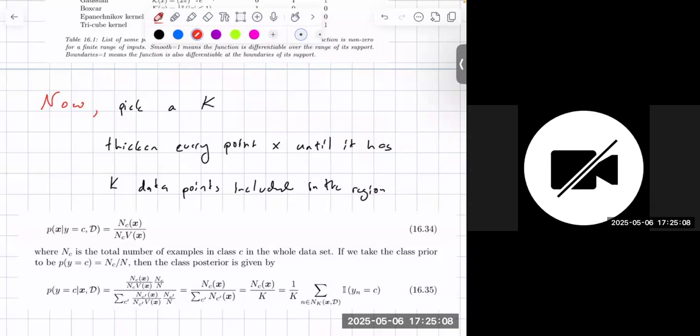Then your classifier goes like this. It looks at the number of points from a certain class in the neighborhood, divides it by the total number of points from that class in your labeled data, and normalizes with the volume corresponding to your particular data point X. And that will be the probability distribution this classifier spits out.